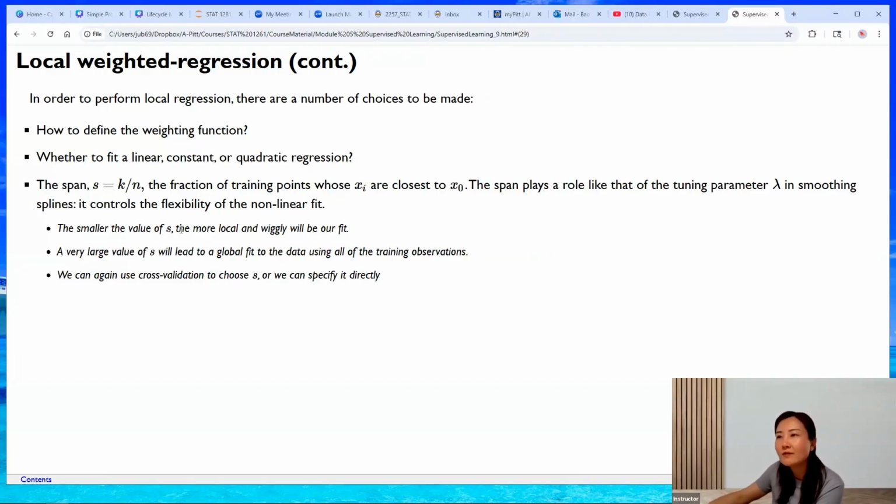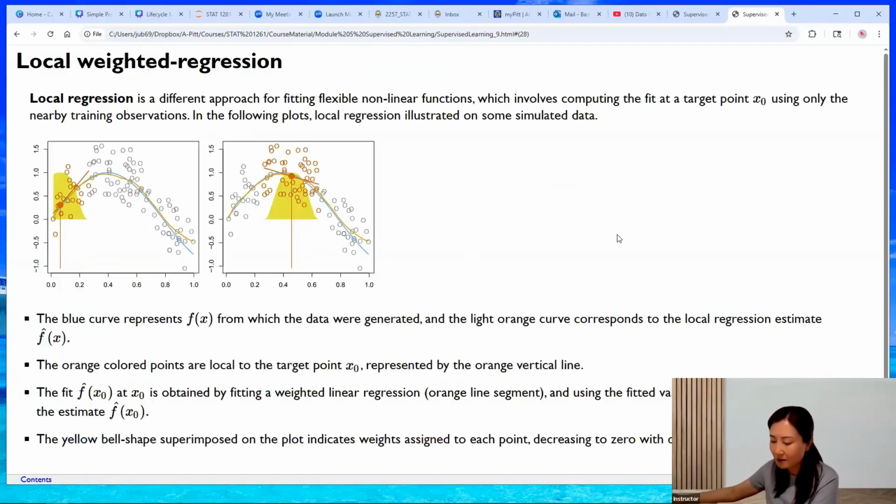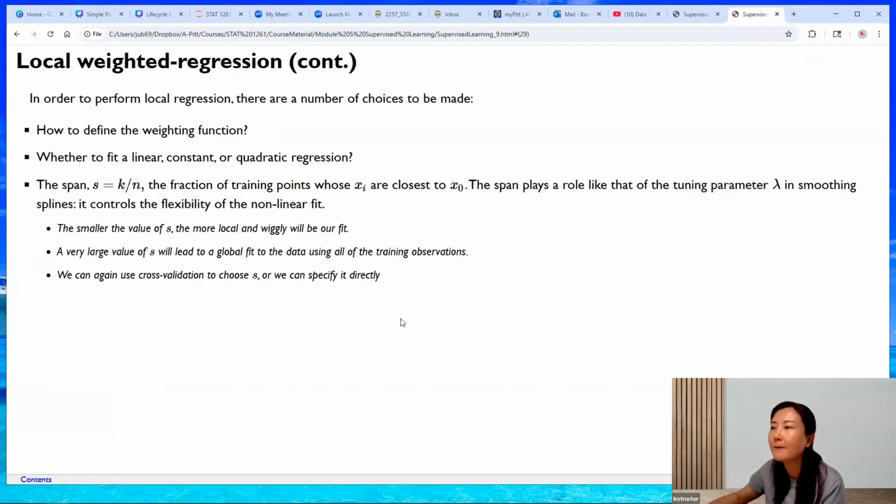The smaller the value of S, the more local and wiggly our fit will be, which is very intuitive. The smaller the window, the fewer observations are used, and the models will change faster. Consequently, the curve will be more wiggly. S is usually defined as K divided by N, where K is the number of observations in the neighborhood, and N is the total number of observations in the training set.